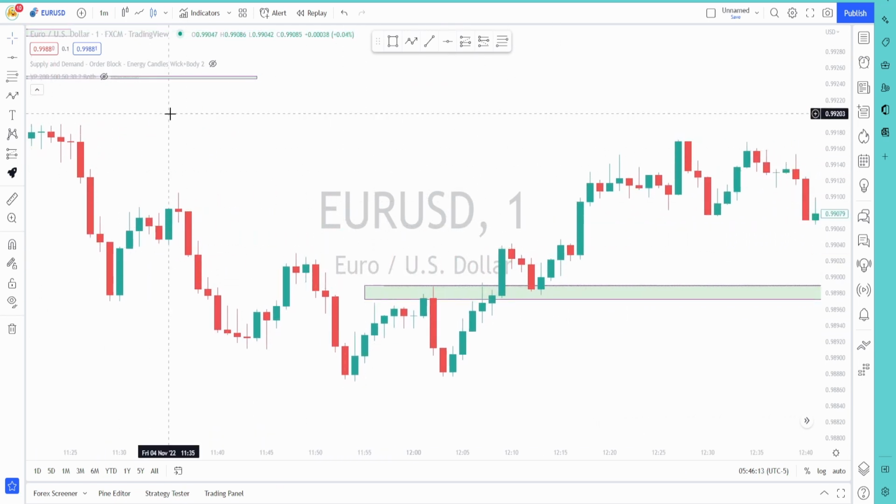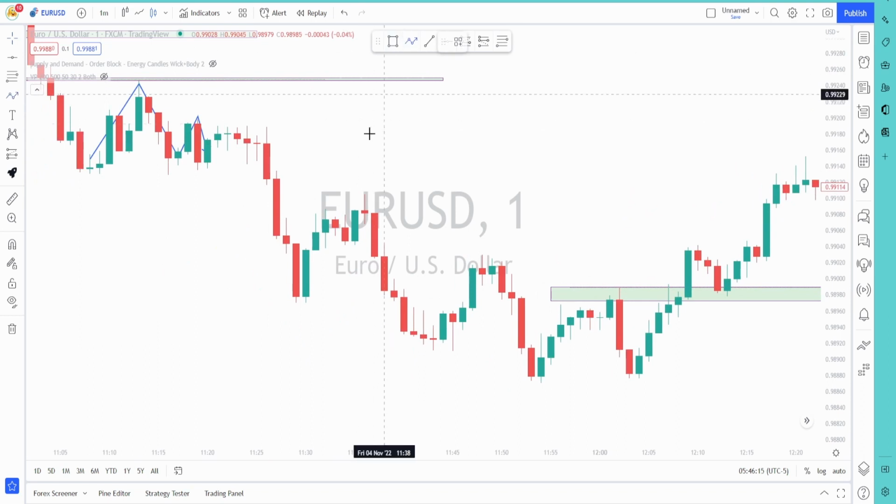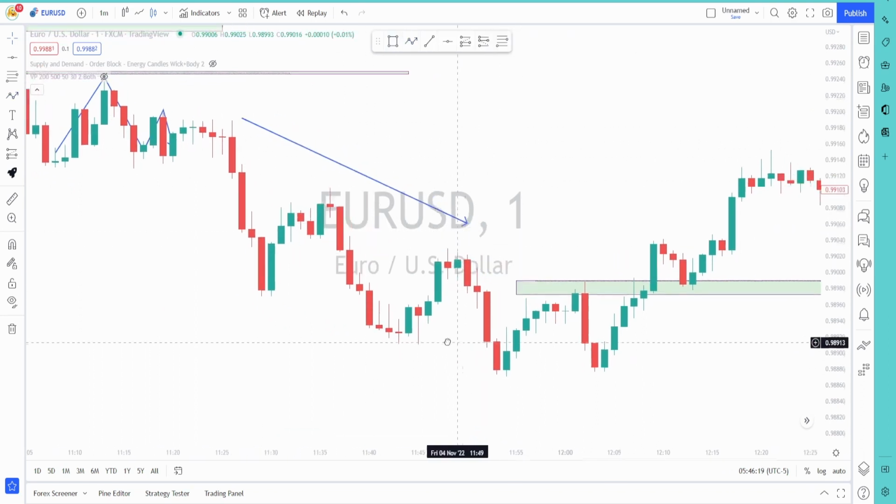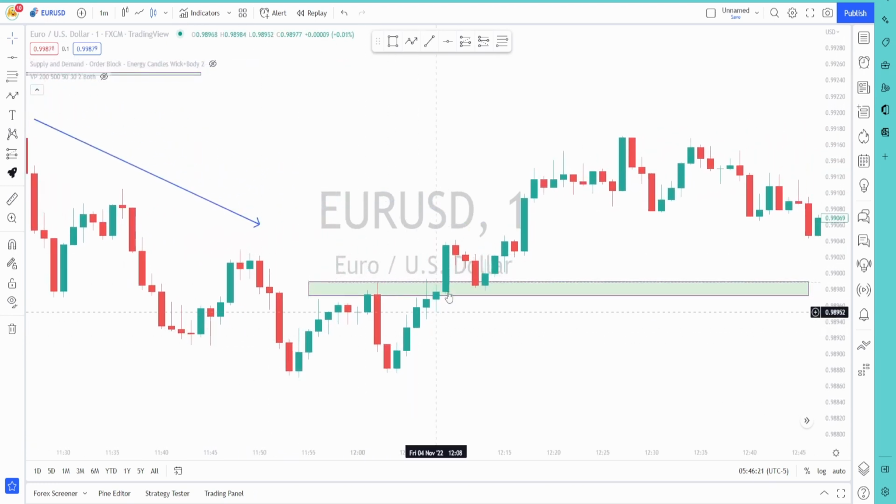You can see how price was clearly in a downtrend, and then price decided to change direction. So at that point, it closed above it, indicating that it may change direction.